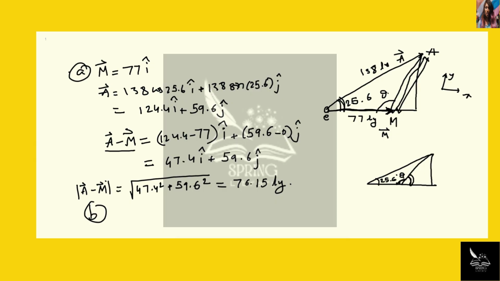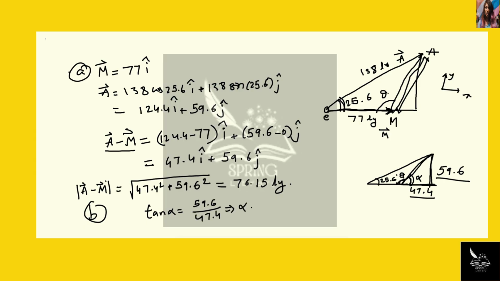So to find this angle, we know that this is the vector a minus m, and this would be its y component, which is 59.6. And this would be its x component, 47.4. If this angle were alpha, then we can say tan alpha is the opposite side divided by the adjacent side, which is 59.6 by 47.4.